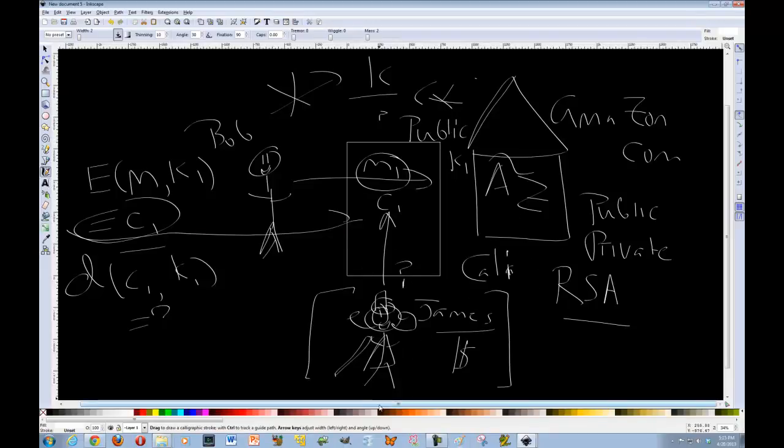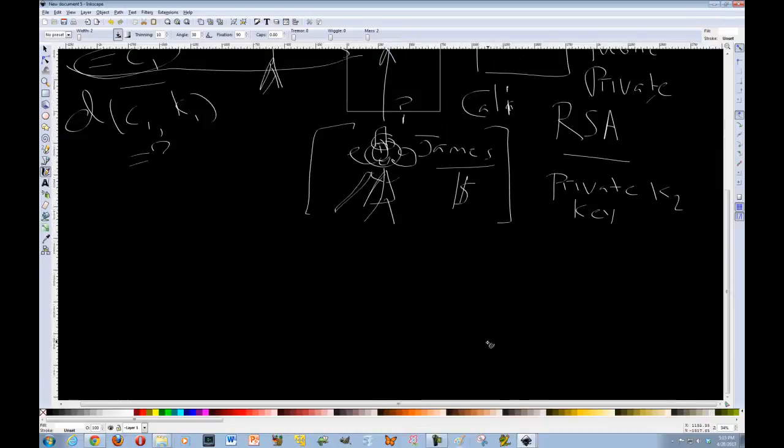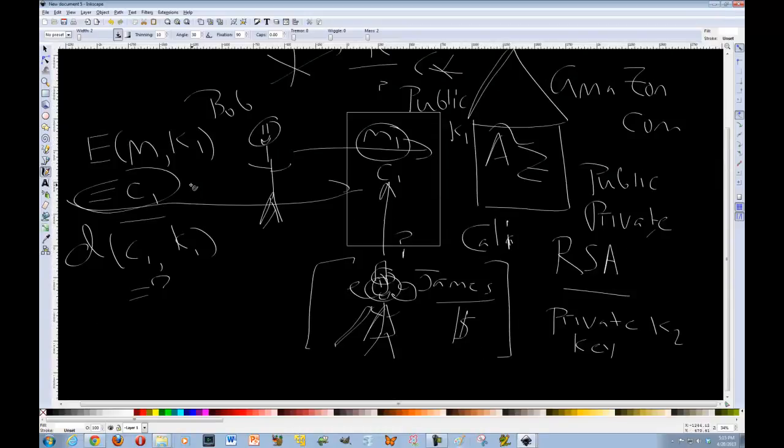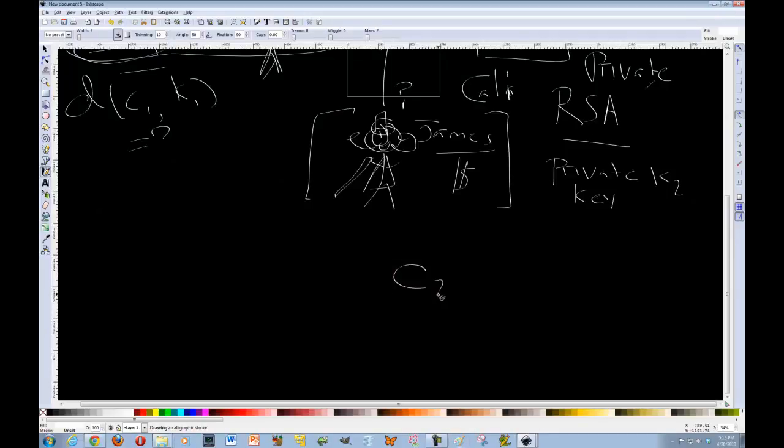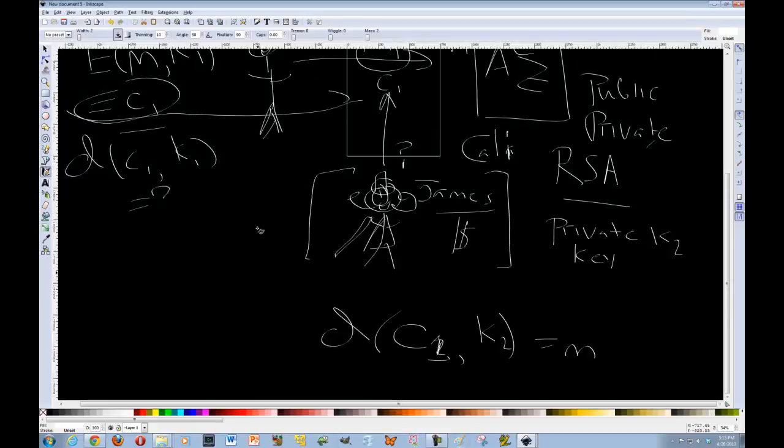Instead, what we're going to have is a private key right over here. This private key, K2, allows somebody who has a message encrypted with a public key to decrypt that message into the original message.